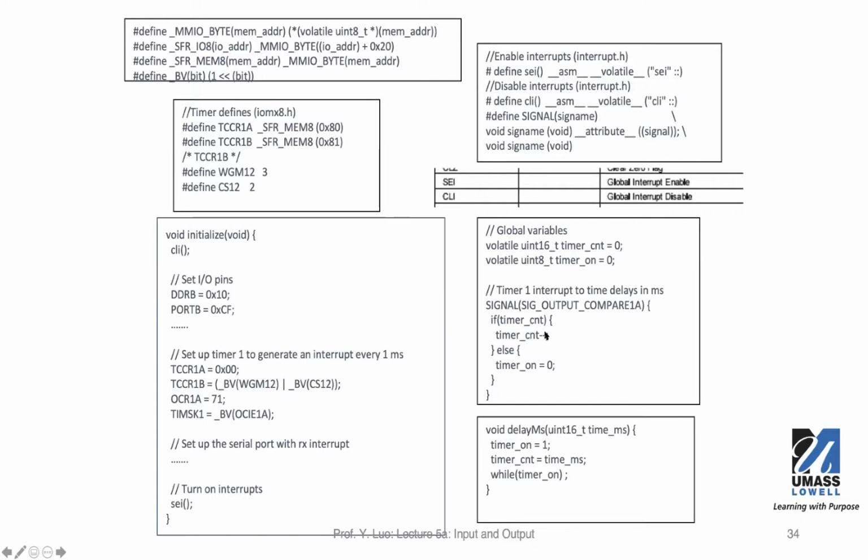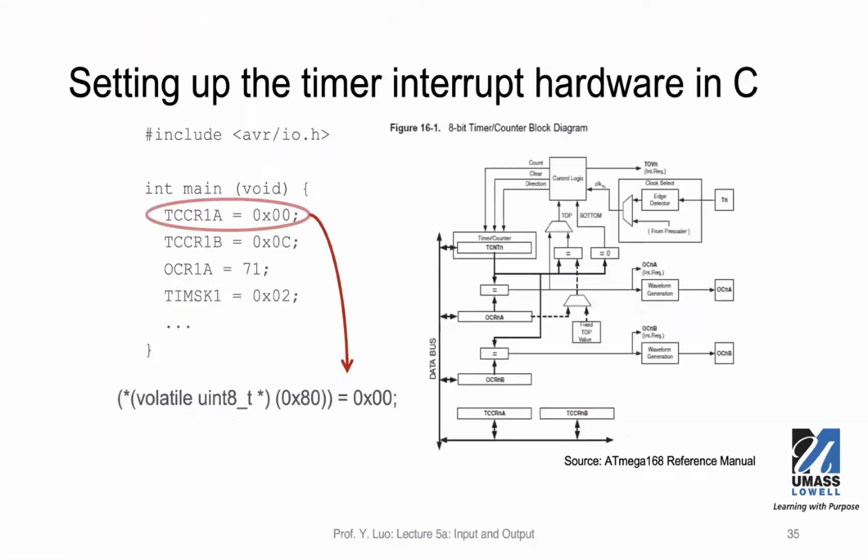On the other hand, we have a few other functions. We have enable interrupt, disable interrupt. We have signal, that's the interrupt service routine. Let me go through a few things that I just mentioned.